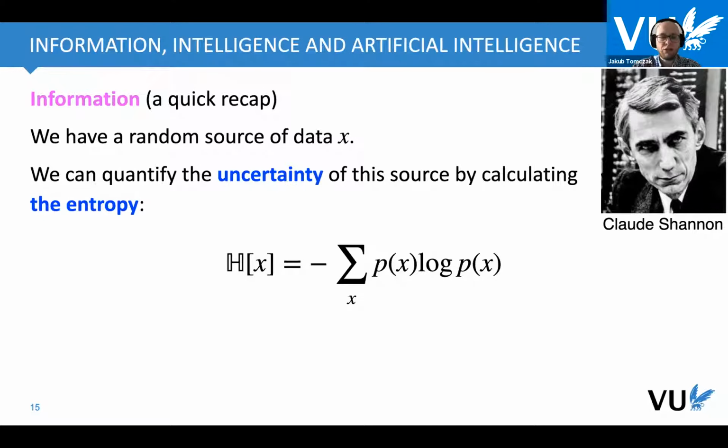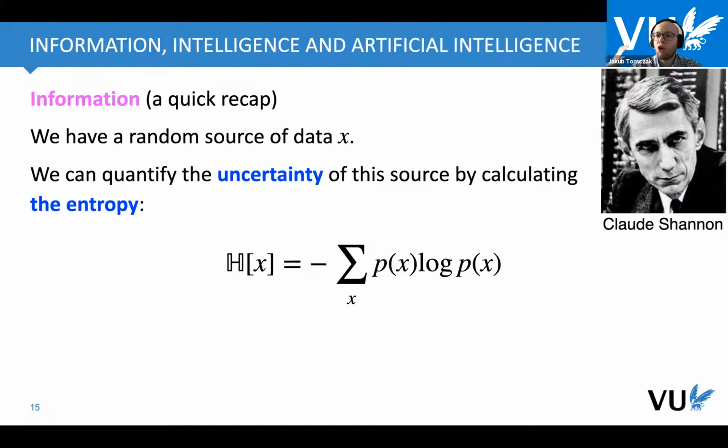The entropy tells us how uncertain this source of data is. In other words, if you get one single image and it comes all the time, you can say, well, this source of data is very certain because I always see the same image, right?